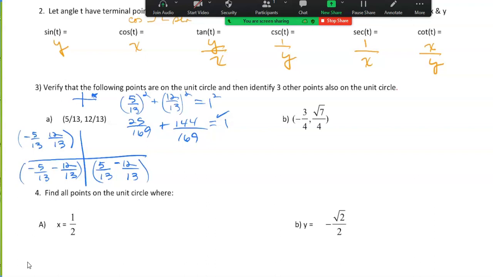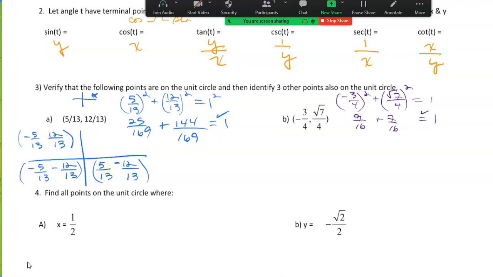Okay, next one, same thing. I'm going to first make sure that it's on the unit circle, and I'm going to do that by squaring each of these and making sure that they result in a 1. So that's going to be 9/16 plus 7/16. That is going to get me 16 over 16, which is 1, so I verified it.